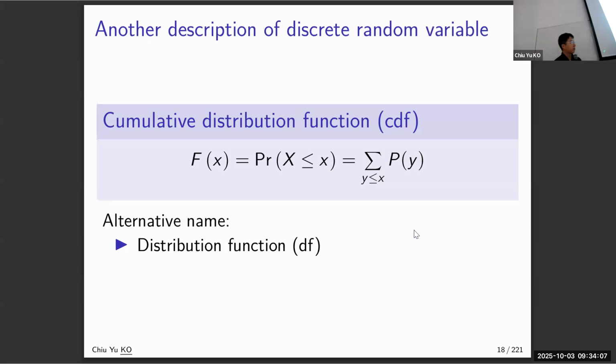The big F would be the cumulative one, the CDF. If you give me a number, I give you the probability less than or equal to the number you give me.